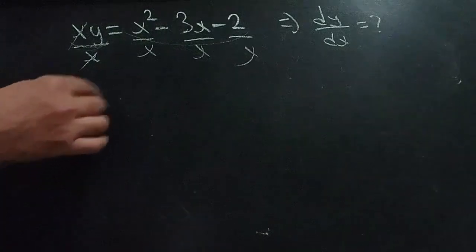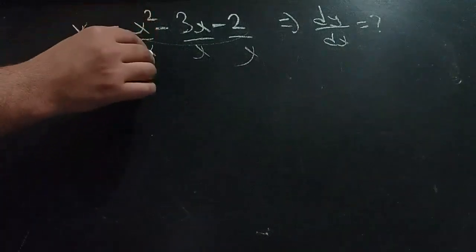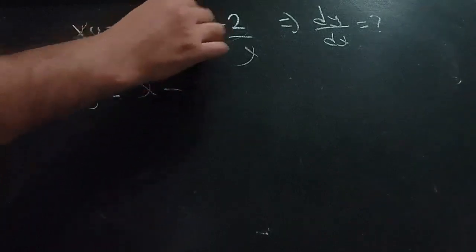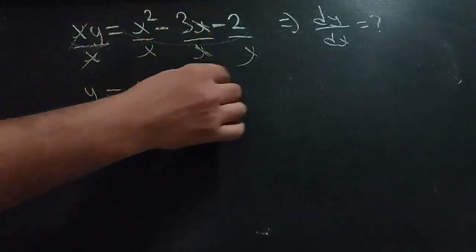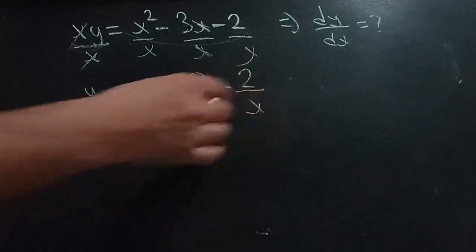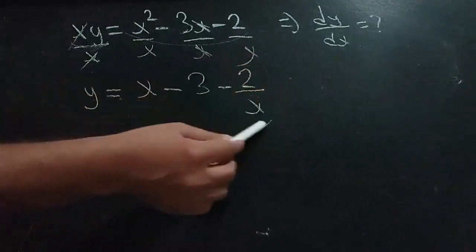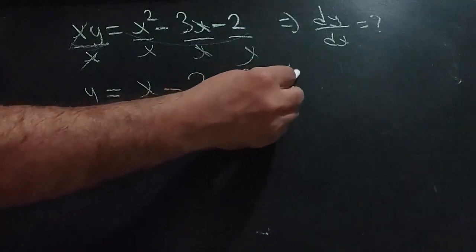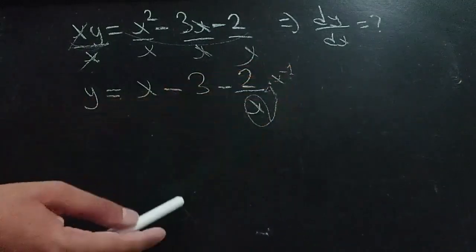So y equals x squared divided by x, which is going to be x, minus 3, minus 2 over x. So that will go up as x to the power negative 1.